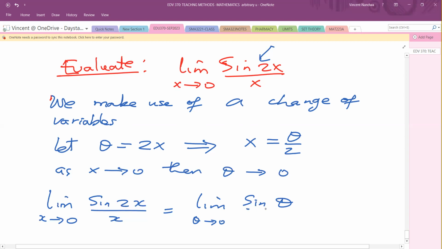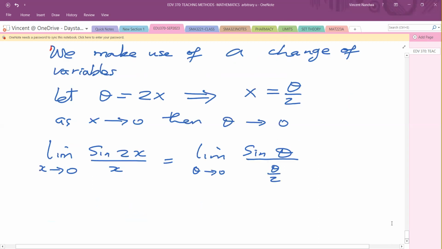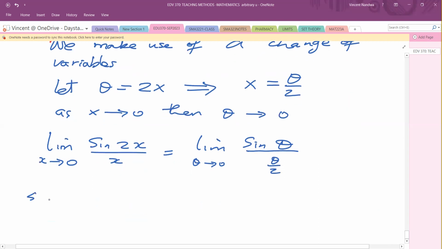And then divided by x, which we found is theta over 2. That's this new limit purely in terms of the new variable theta. So sine theta divided by theta over 2 is the same as sine theta times the reciprocal, 2 over theta, so it's the same as 2.